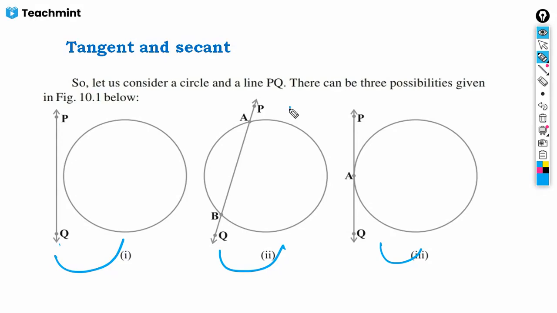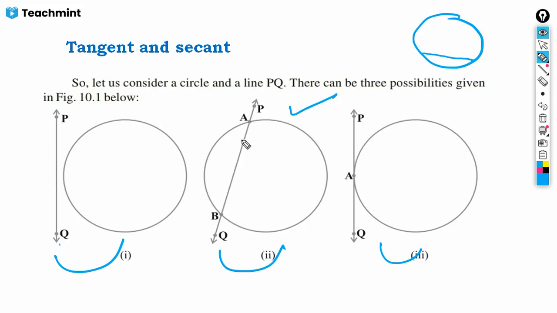What is the case when we see the second diagram? What can you observe? Inside the circle. Is it inside or is it intersecting inside? Intersecting. Okay, it is inside, but it has been intersected.